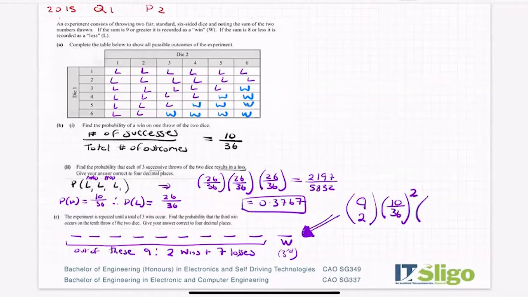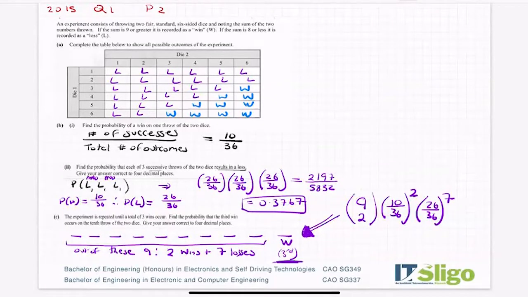The probability of a loss is 26 over 36, and I need 7 of them. Okay, so remember the 7 and the 2 have to add to give you the number of trials that you have, and that matches that. Okay, so that's the first 9.